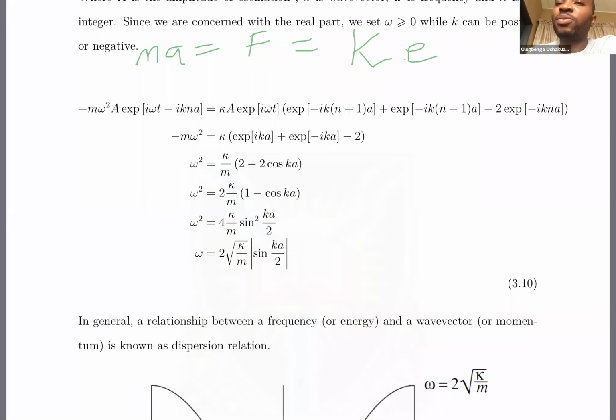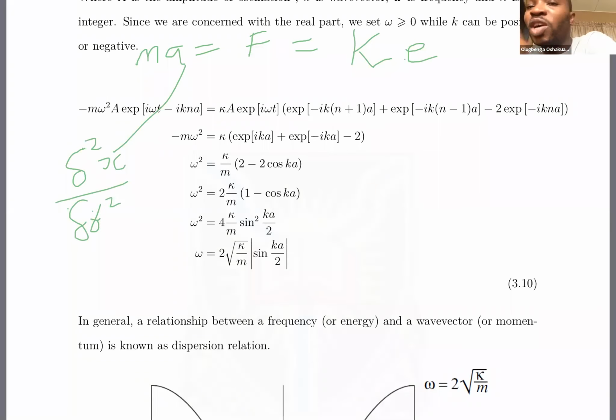Now our A, which is as good as d square x d t square, would now be taken to be the second derivative of the trial solution that we have here.